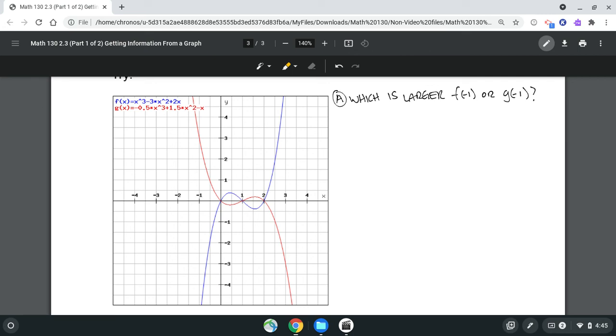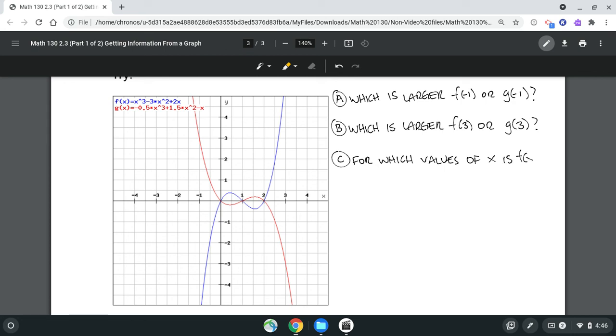And then B, which is larger? F of 3 or g of 3? Okay. And then C, for which values of x is f of x equal to g of x?